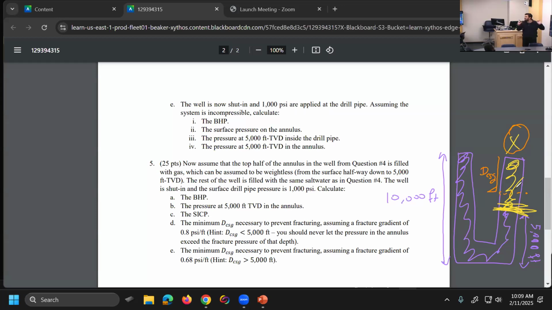So if I want to be just at the point of fracture and my fracture gradient is 0.8 psi per foot, my fracture pressure here at the casing shoe needs to be 0.8 times DCSG. So I need to get here somehow in the U-tube model, either from here down, if I have good information, or from here up.